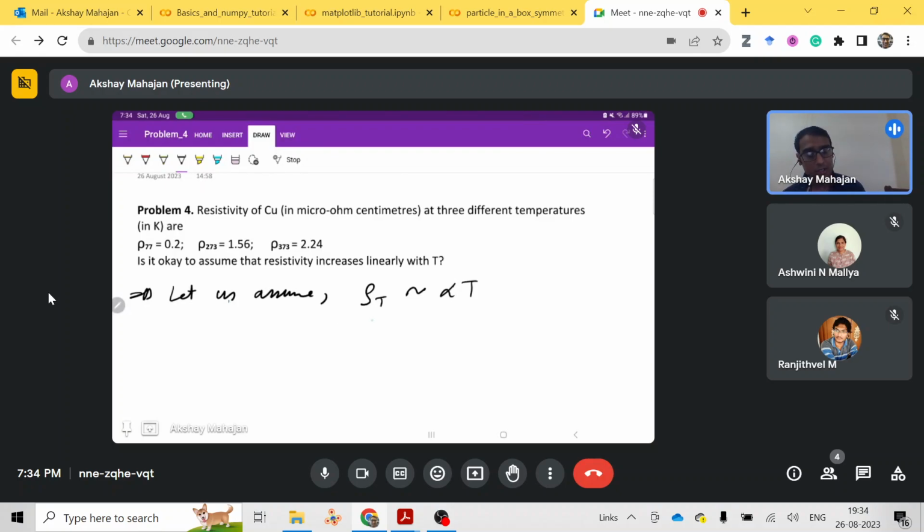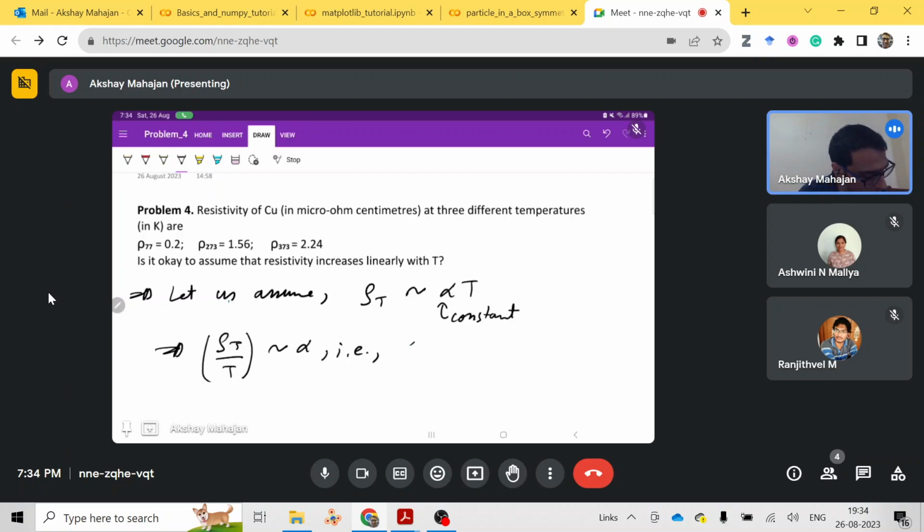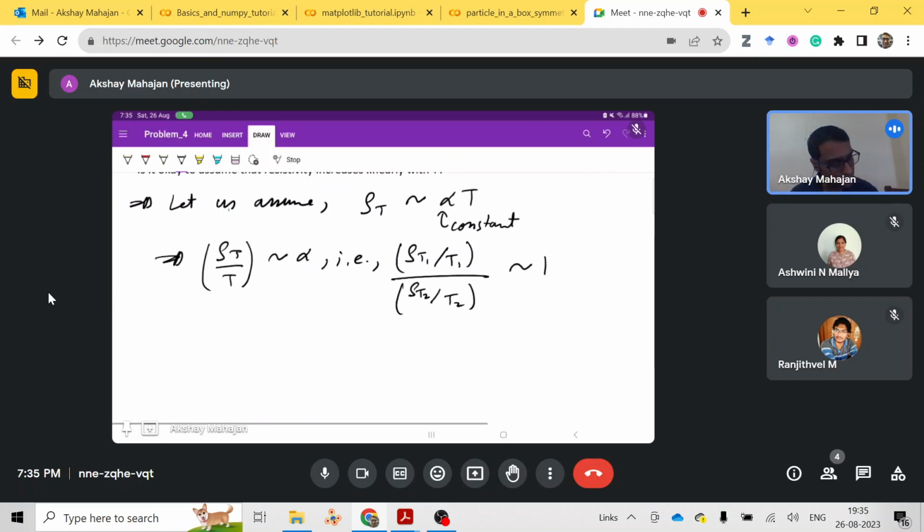So if it increases linearly with temperature, I can write the resistivity as approximately some constant alpha times T. In that case rho(T) divided by T is approximately some constant alpha. So for some temperature T1 and some temperature T2, rho(T1)/T1 divided by rho(T2)/T2 should be approximately 1.